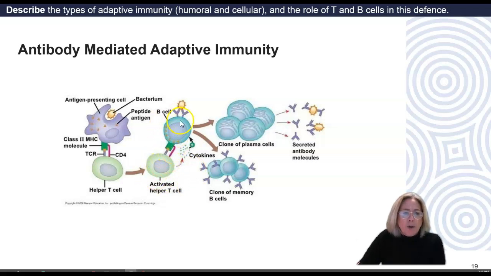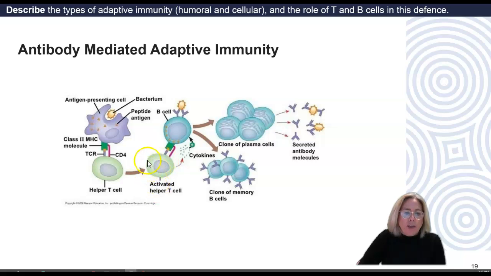At the same time, we have B cells. Now, the antigenic receptor for the B cells, remember I spoke earlier, is just an antibody in the plasma membrane. So these B cells are going to bind the pathogen too, if they have that receptor for the antigen.